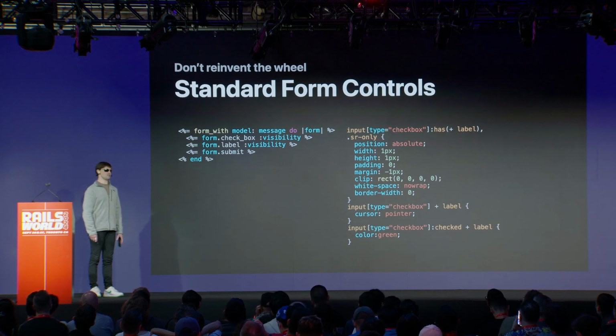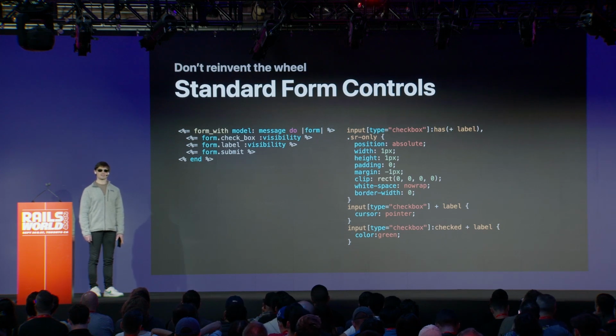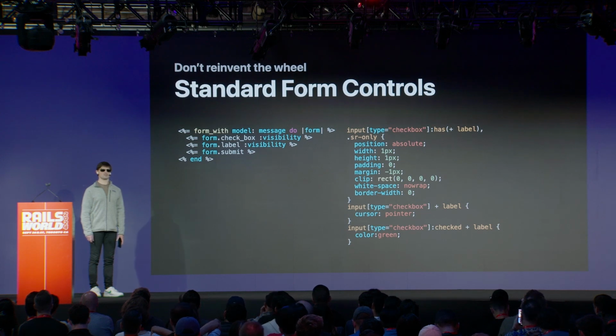So here in this example, you can see how you can do it. We are showing the input only for screen reader users using this CSS trick. And then you can make it beautiful depending on the state of the checkbox.